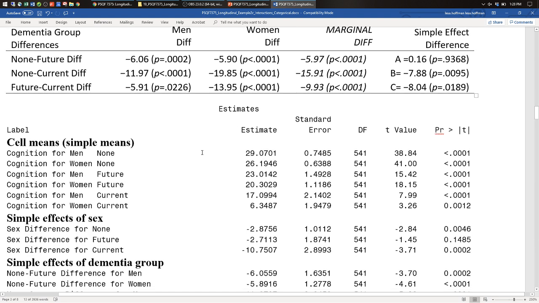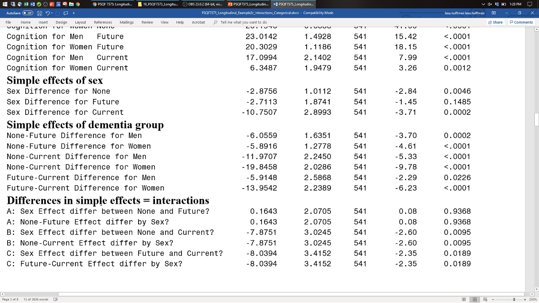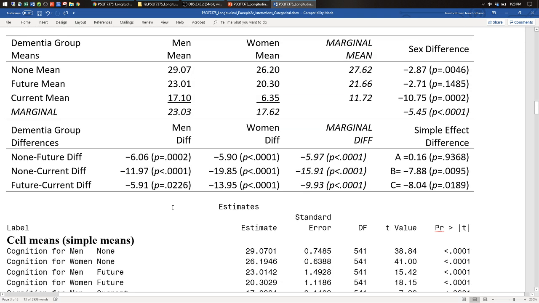Down here is all of the output that I asked for with respect to the simple effects of sex, the group differences, the simple effects of dementia group, and the differences between those simple effects in terms of interactions. I have stuck those differences up in the table here and included their p-values. Let's look at this number right here.